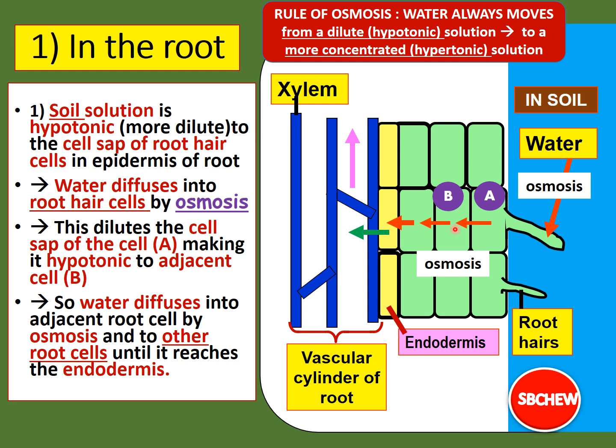So water will diffuse from B to C by osmosis again, and this process repeats itself until the water reaches the endodermis. So in conclusion, for this part, water diffuses from the soil to the root hairs by osmosis and diffuses from one cell to the next, all by osmosis, until it reaches the endodermis, which is just next to the xylem vessel.